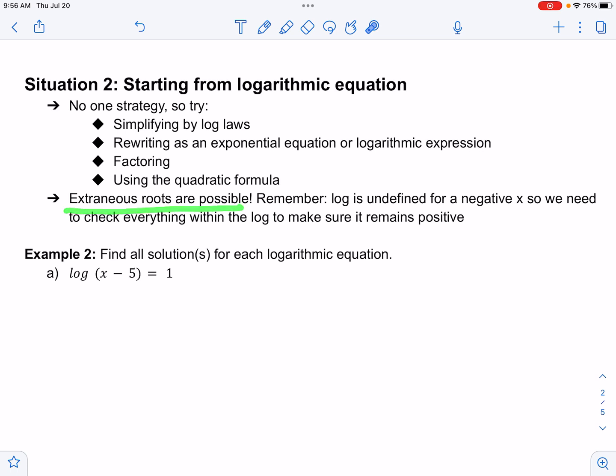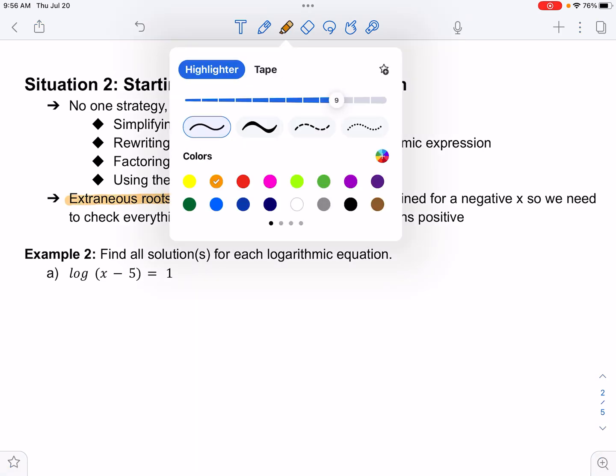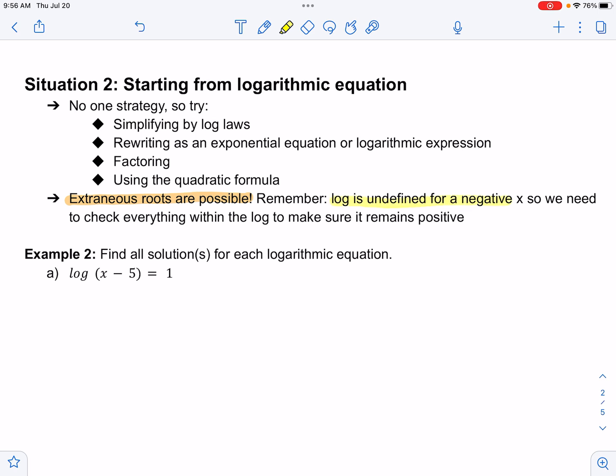Extraneous roots are roots that cannot exist. They cannot exist. It's not possible. The thing to remember is that log is undefined for a negative x. So if we ever get an answer that's negative, we have to disregard it.